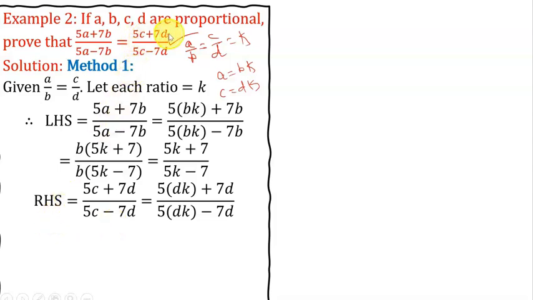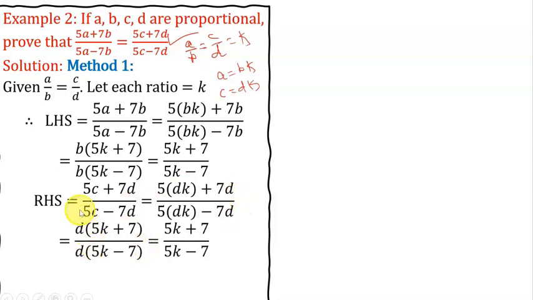RHS is (5c plus 7d) upon (5c minus 7d). Substitute the value of c here. c is dk. 5 into dk plus 7d, next 5 into dk minus 7d. Take d as common from the numerator and the denominator, the d's get cancelled. Then you will get (5k plus 7) upon (5k minus 7).